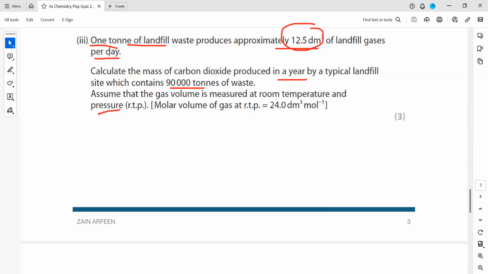Every year it will be 365, so we multiply by 365. Then 1 ton is producing this much, 12.5. So for 90,000 tons, this will be the total.